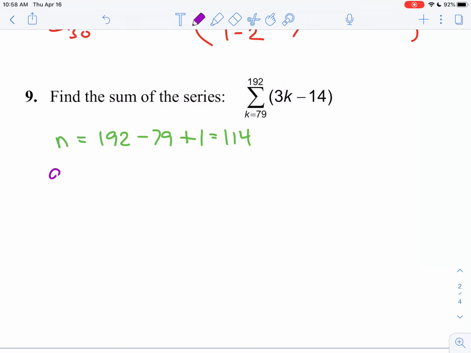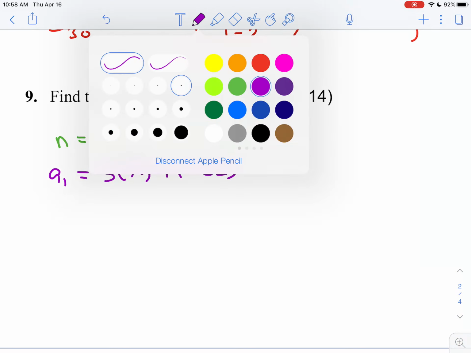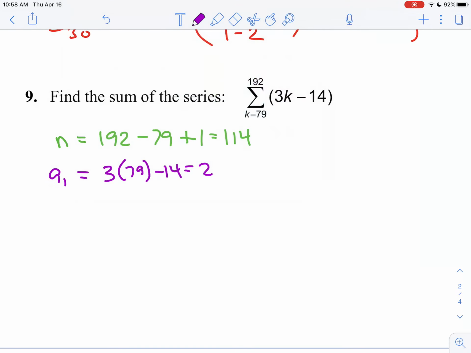Now to do my sum formula, I need the first term, which is going to be starting at 79. So 3 times 79 minus 14, 223. I need the 114th term, which comes from the 192. 3 times 192 minus 14, 562.